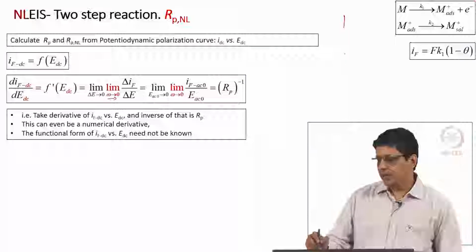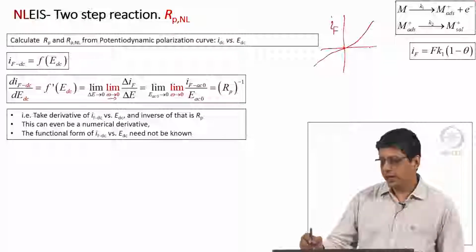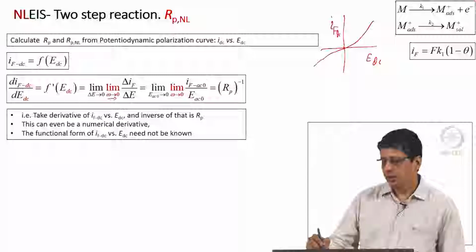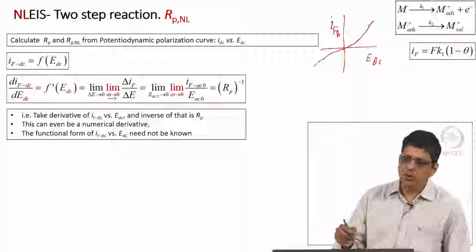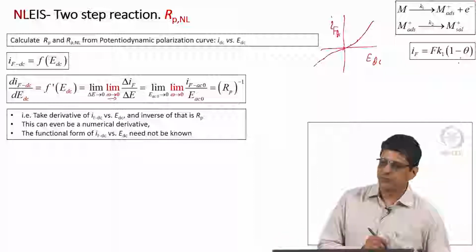If you have experimental data, I just made this up, I_F DC versus E_DC. Let us say we do not even know the mechanism, we do not have an expression for this.